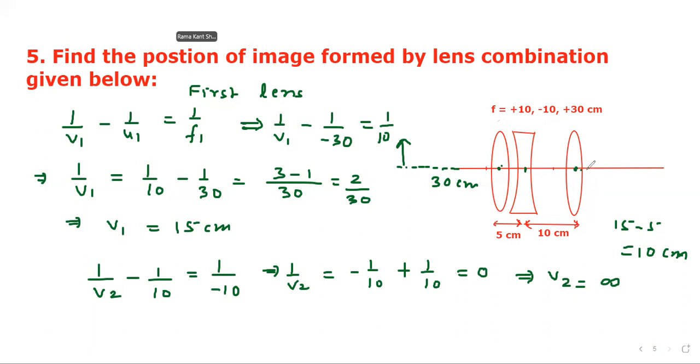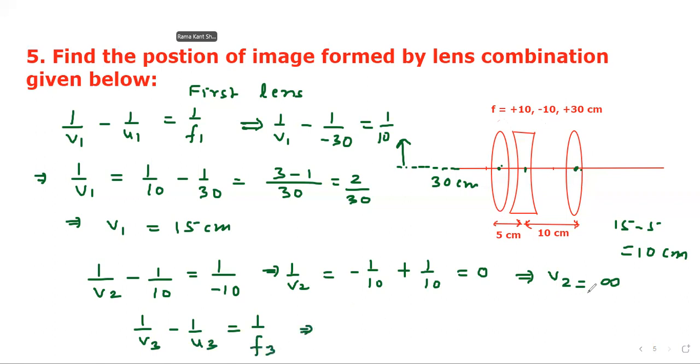And now we consider third lens. Object will be assumed to be placed at infinity. So for third lens, it is clear that rays will be parallel and they all will get converged at its focus. So its image will be formed at its focus, that will be 30 centimeter. So 1 upon V3 minus 1 upon U3 equal to 1 upon F3.